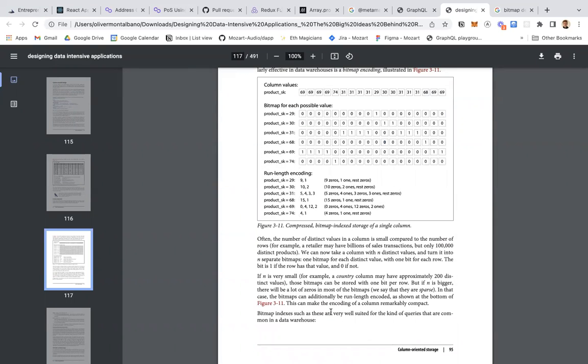So it just counts the zeros: 1, 1, 9 zeros, 1, 1, rest zeros. That's cool. That's actually really cool.